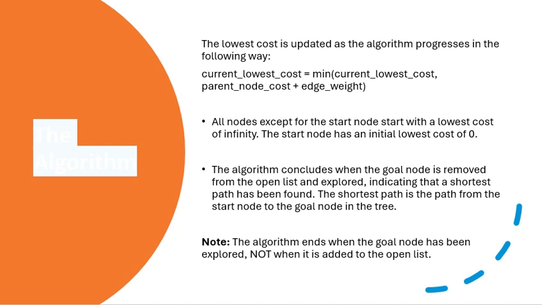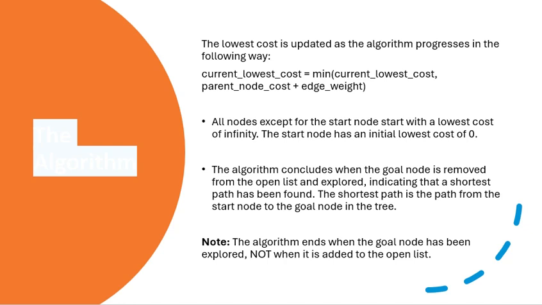Now, the lowest cost is updated as the algorithm progresses in the following way. The current lowest cost is equal to the minimum of the current lowest cost or the parent node cost plus edge weight. So we will evaluate these two values and find the minimum of the two, and that will be the current lowest cost.